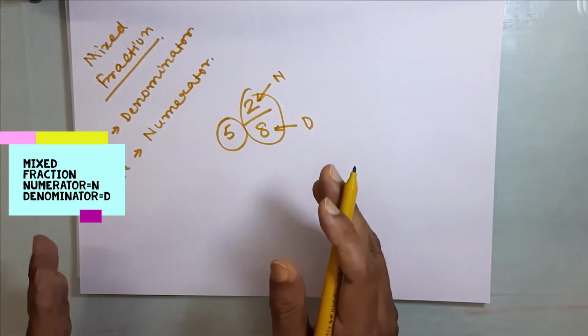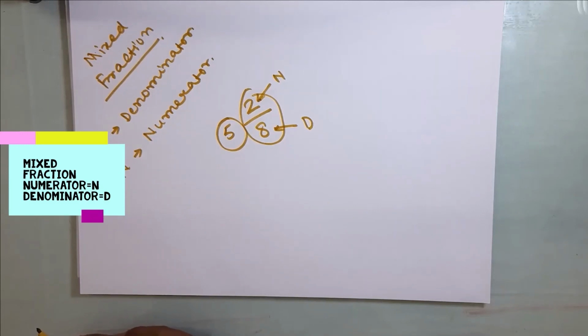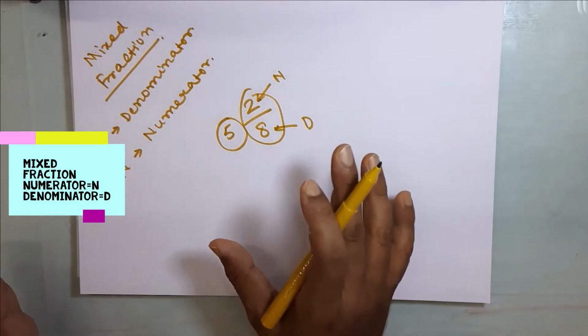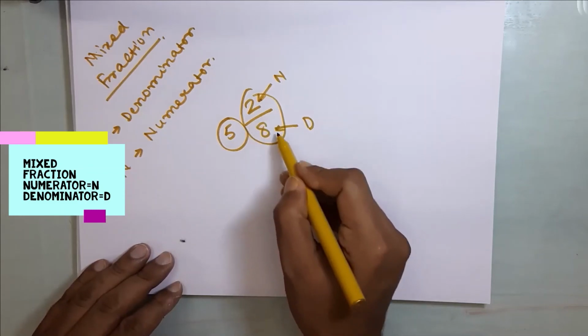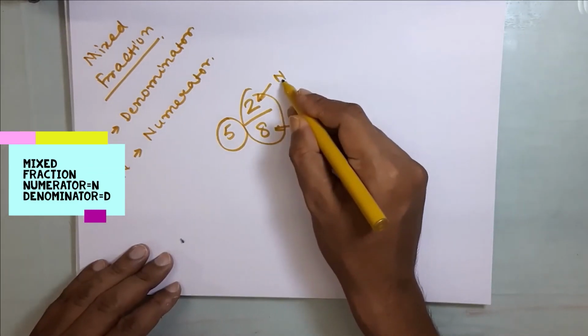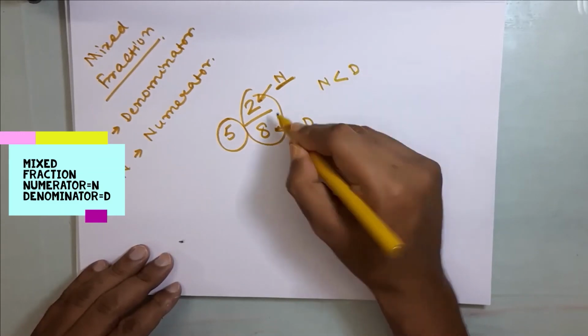How to convert mixed fraction to improper fraction and how to convert back improper fraction to mixed fraction will be a separate discussion topic, so it will also be available and you can search for it. But as of now, you should know that when there is a whole number and there is a proper fraction, 2 by 8, because numerator is less than denominator, it's a proper fraction.